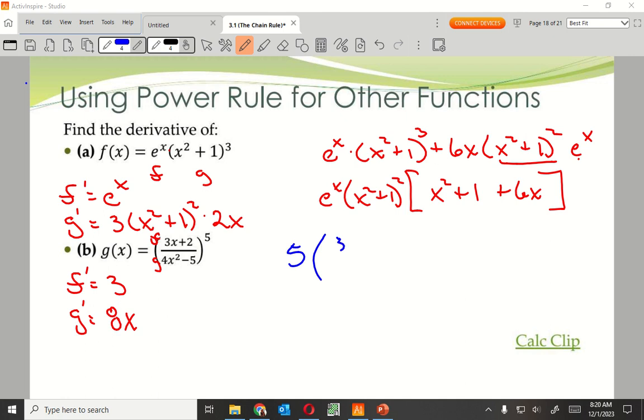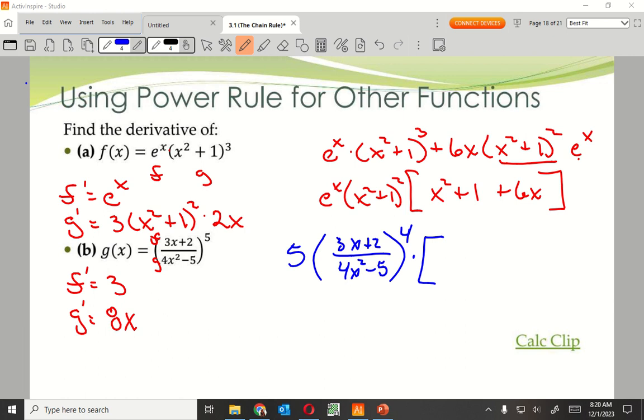So it's 3x plus 2 over 4x squared minus 5, all of that raised to the 4th power, right? Very good. 4 times the derivative of the inside. I'm going to bracket this one because, again, it's going to be all of this. So now we're going to do the derivative of the inside here.